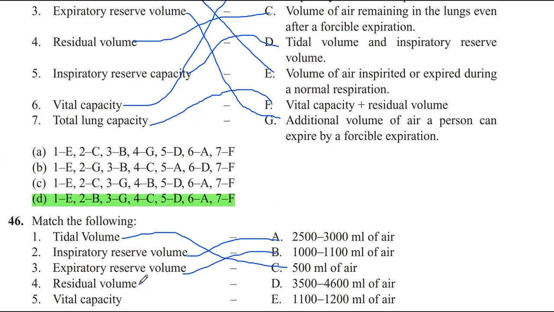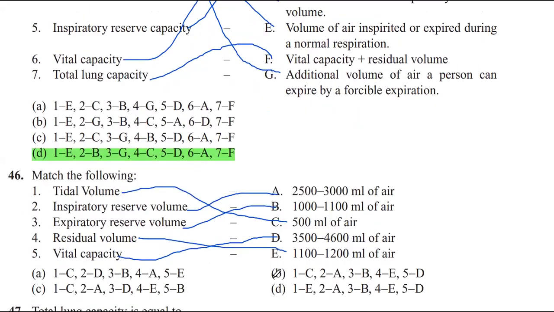Residual volume, 1100 to 1200 ml. Vital capacity, 3500 to 4600. So the correct option is 1 is C, 2 is A, 3 is B. Therefore, the correct option is B.